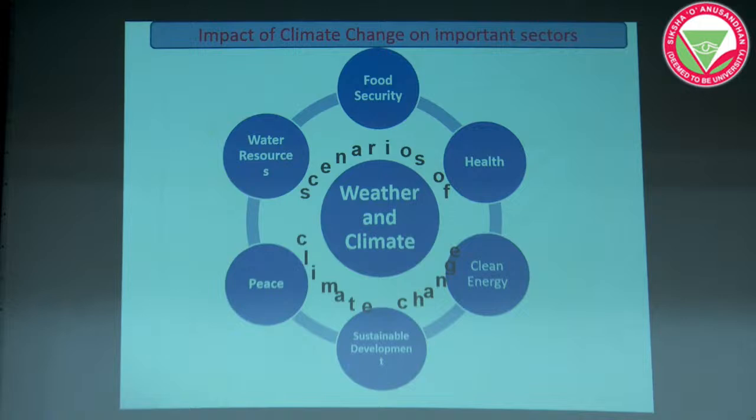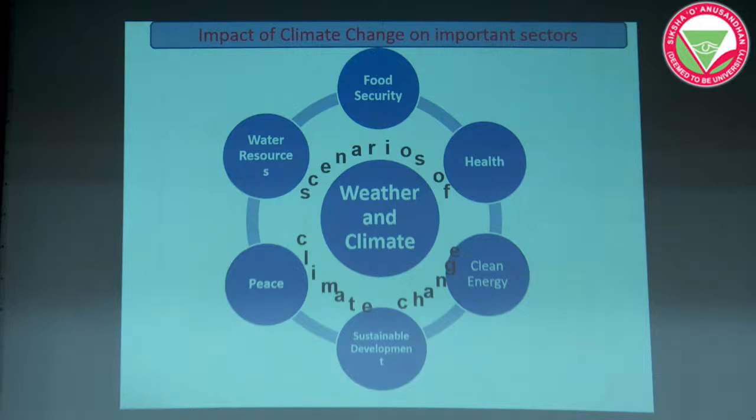So as you know, climate or water and weather has affected entire life, like the food security, that is the production by different types of agriculture and horticulture and so on. Water resources, health, all these things are affected.